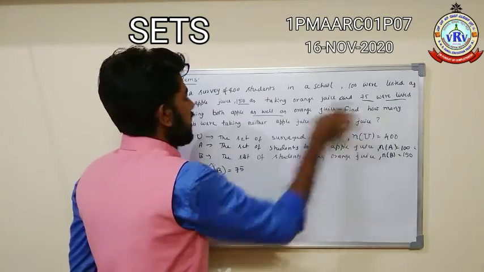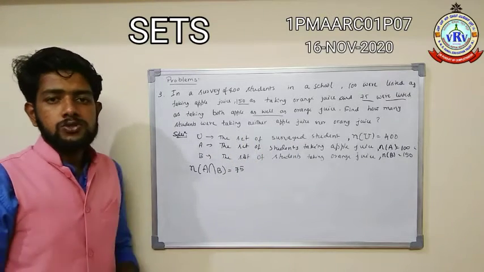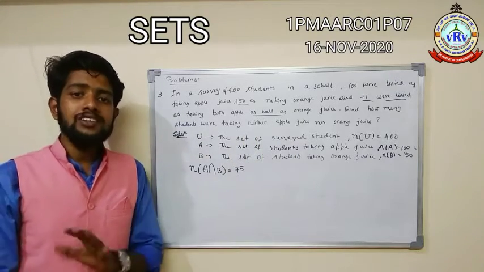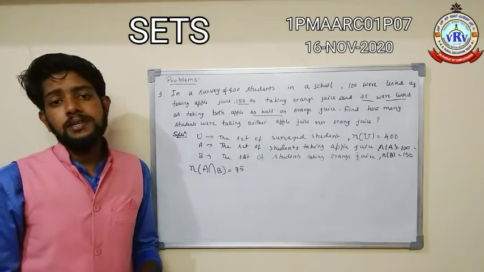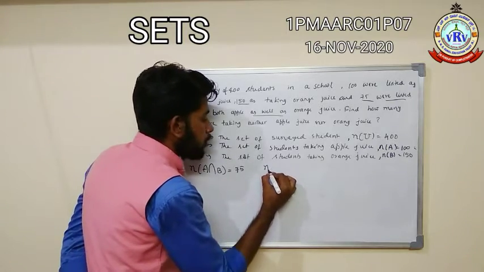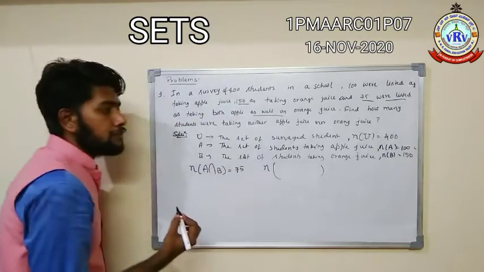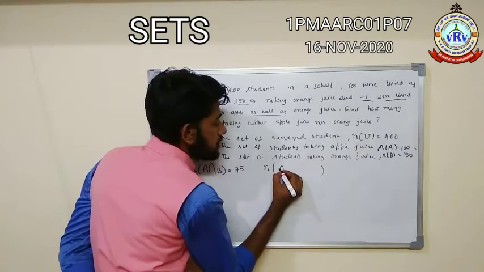Now what we have to find? How many students have taken neither apple juice nor orange juice? Here, that means we have to find the number of elements in the set such that they are not taking the apple.